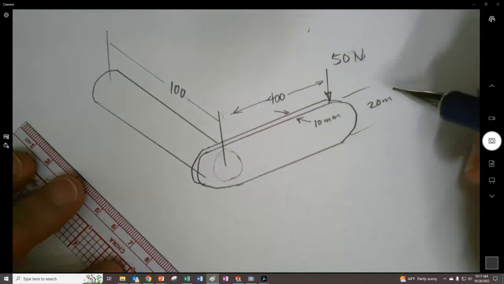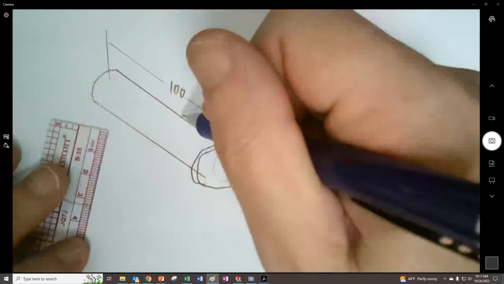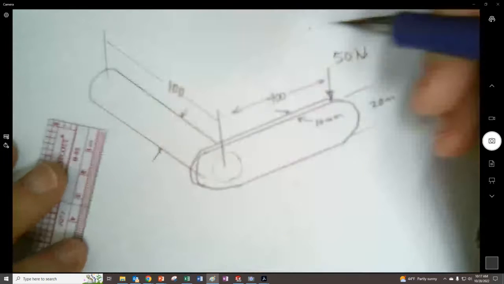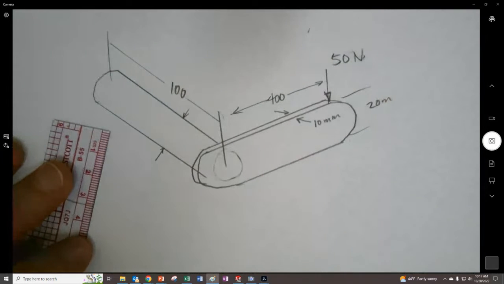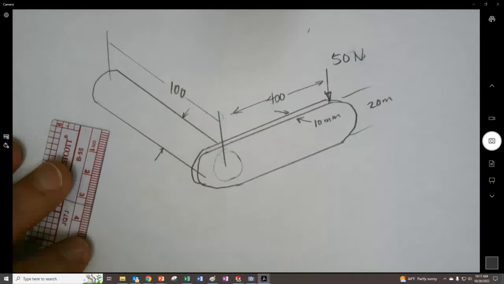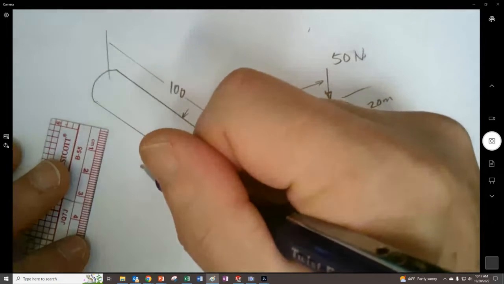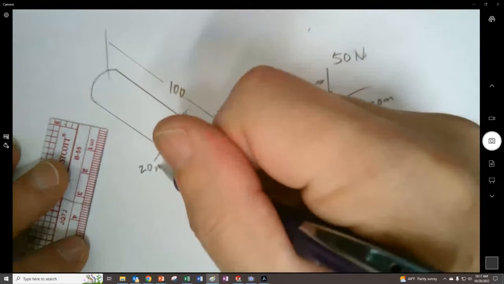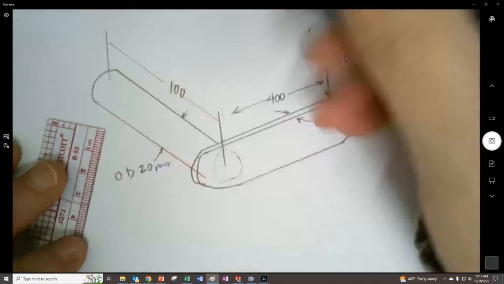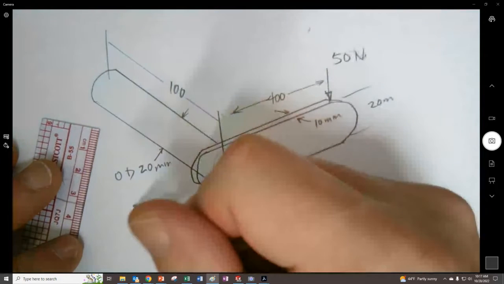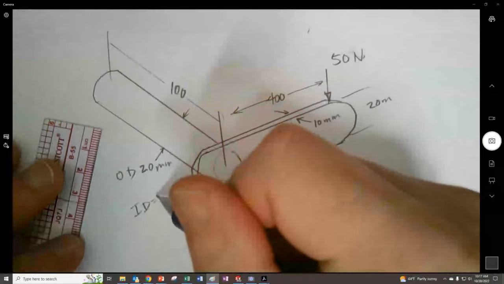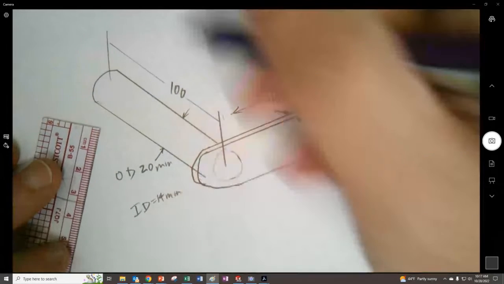And anything else? I guess I need the diameter of this, which is not written down there. Where did they go, diameter? Oh, it's got an OD of 20 and an ID of 14. Okay. So 20 millimeters OD, and I'll write in somewhere that the ID is 14 millimeters.